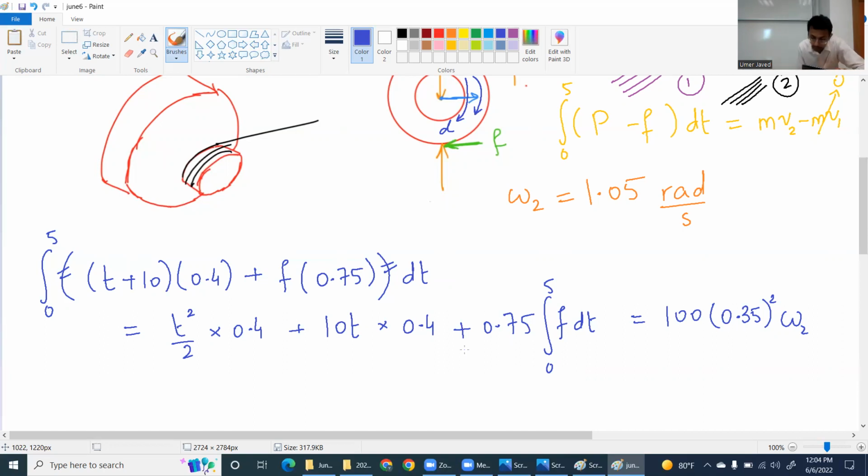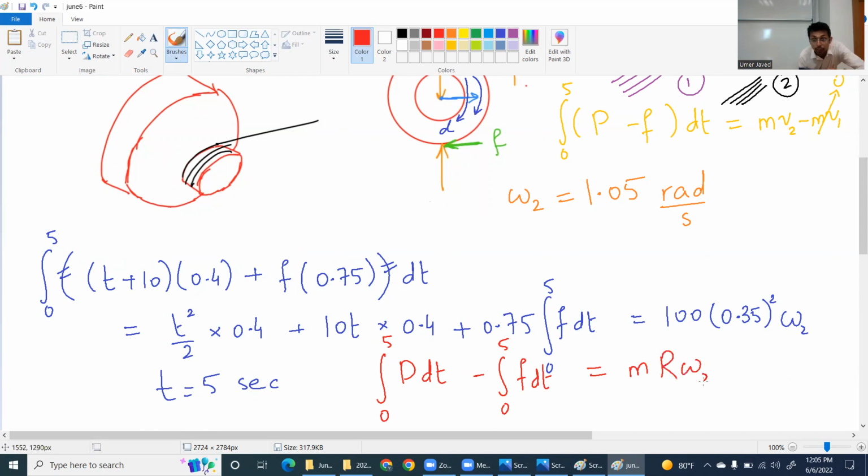Okay, so now that I have this one, yeah, this is my first equation. And instead of t, you will start substituting t equal to 5 seconds. And then last but not least, you will have the second equation that will give you integral p dt minus, so let's do it together, integral, because even in my notes I have changed the signs, by the way, minus integral 0 to 5 f dt is equal to, v is r omega, right?